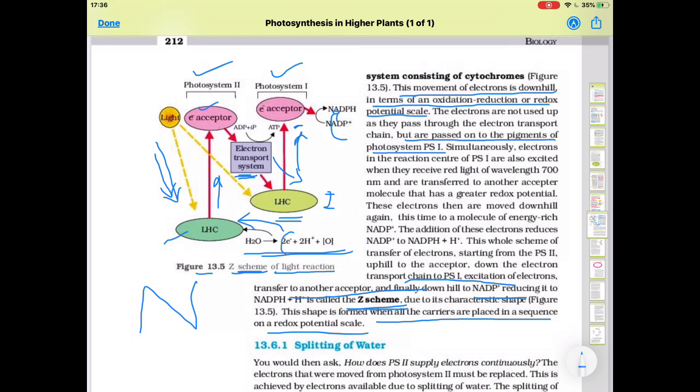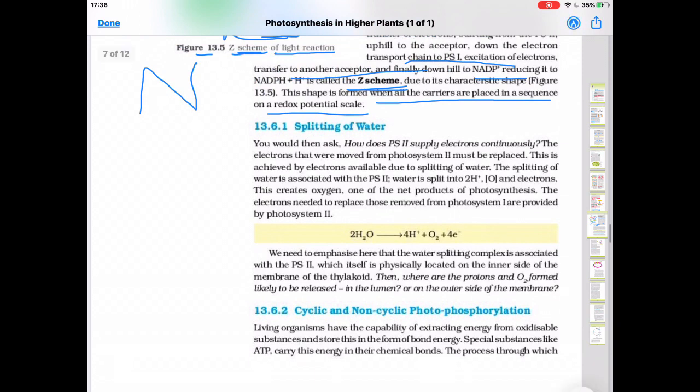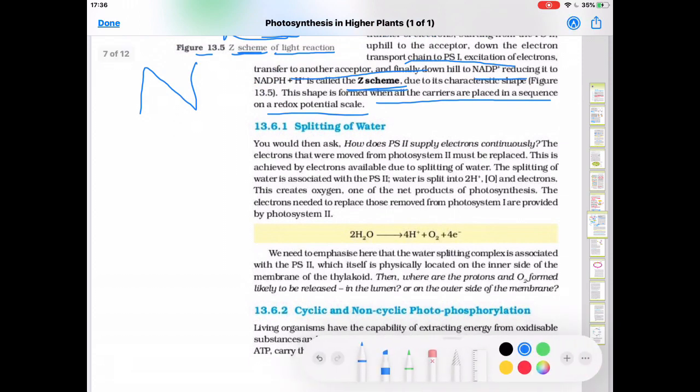So in PS2, splitting of water occurs, which provides H-ions, oxygen and electrons. These electrons are transported in this Z scheme. H-ions are released into the lumen, which is the inside of the thylakoid, and oxygen is released outside into the environment.